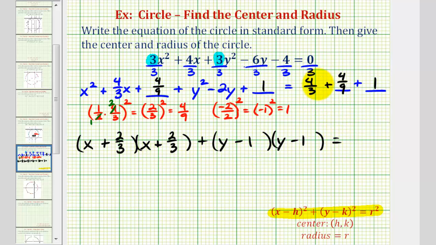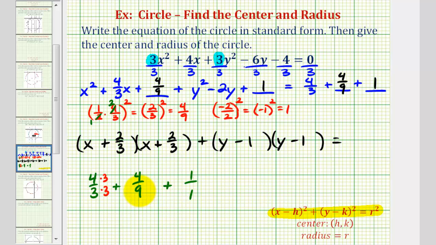And then for the right side, we have 4/3 plus 4/9 plus 1. Let's go ahead and show this down here. 4/3 plus 4/9 plus 1, which I'll write as 1/1. Notice our common denominator would be 9. So let's go ahead and multiply this first fraction by 3 over 3.